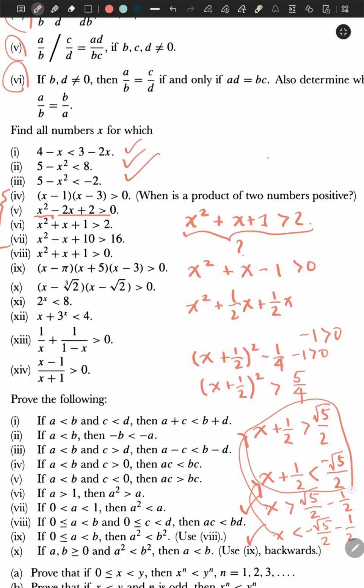In both of these cases, we know that (x plus 1 over 2) squared is greater than 5 over 4.